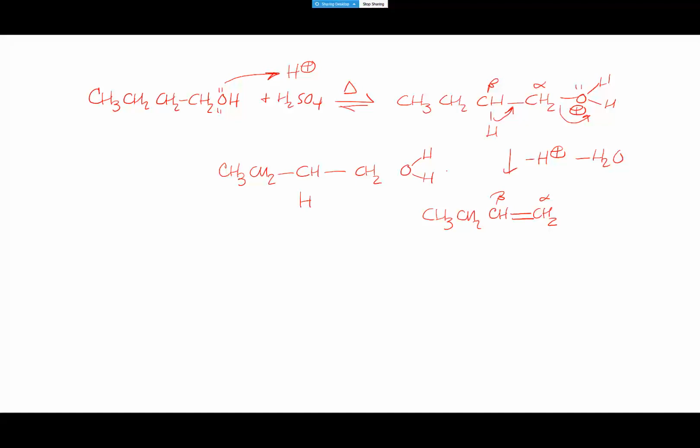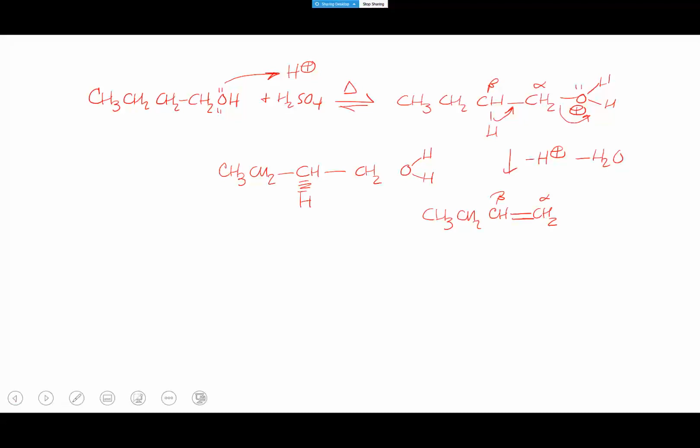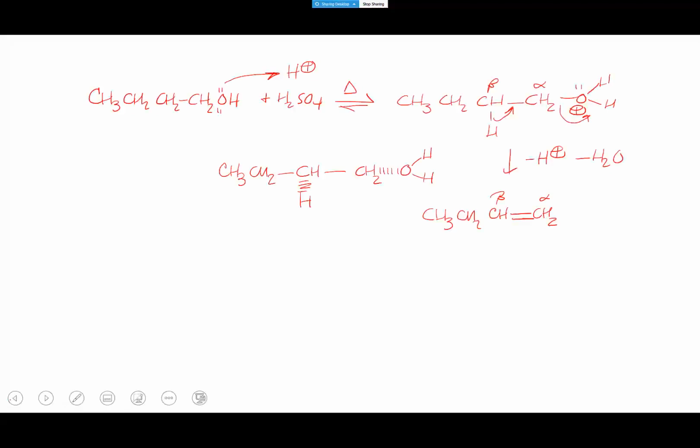So if I'm going to draw that transition state, I need dotted lines between all the bonds that are being broken and made. So I need a dotted line between what and what? Between the C and the H. And the CH2 and the O. And then where else do I need the dotted line?